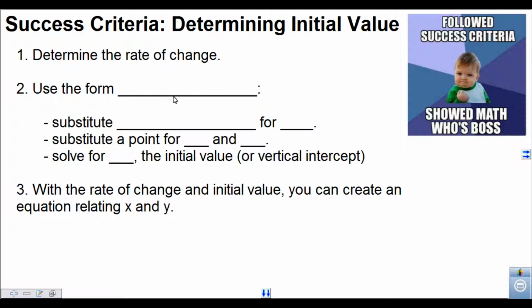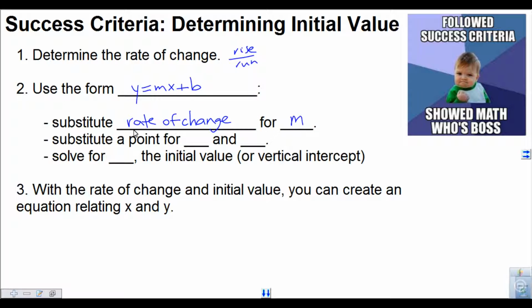All right, so let's just go through some success criteria for determining the initial value. Remember, the first thing that we did in those two examples was we determined the rate of change using rise over run. And then we used the form y equals mx plus b. Remember, we substituted the rate of change that we calculated for m.